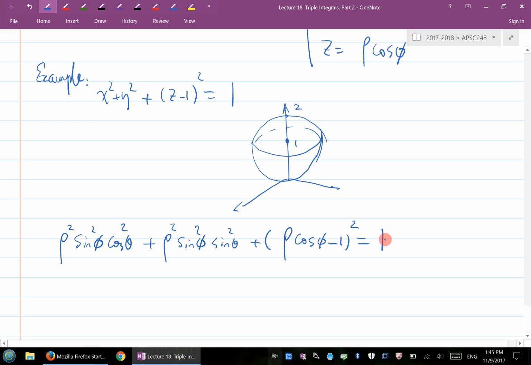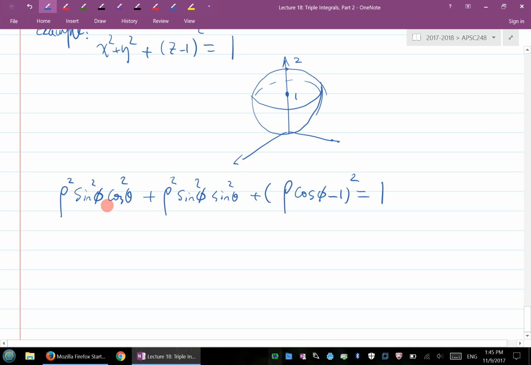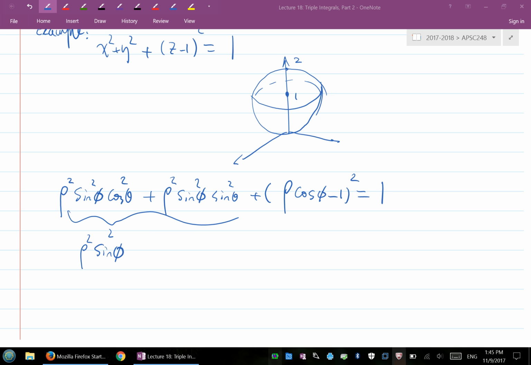That's the replacement. Looking at the first two terms here, what's the common factor? It's rho squared sine squared phi. Once you take out the common factor, you're left with cosine squared theta plus sine squared theta, which is 1.